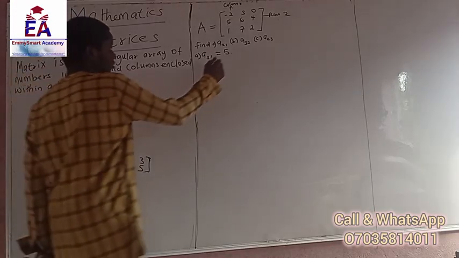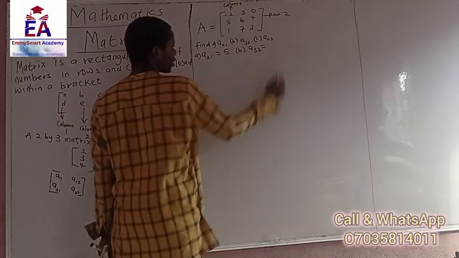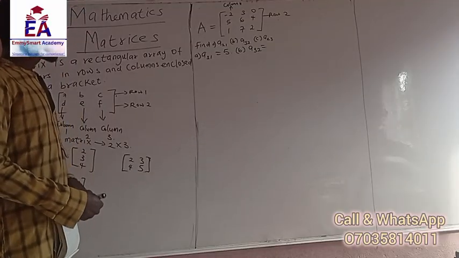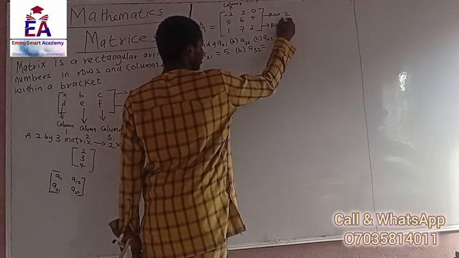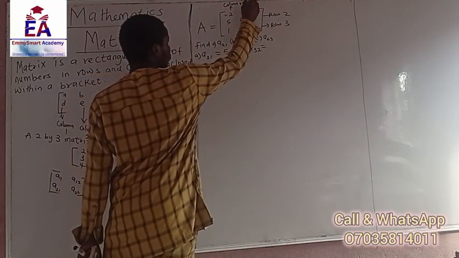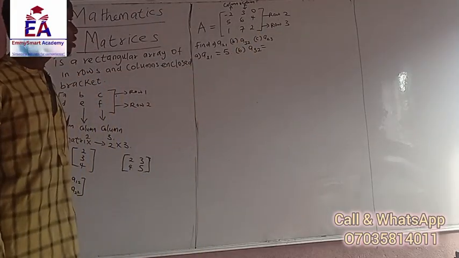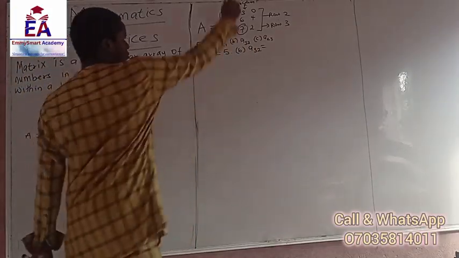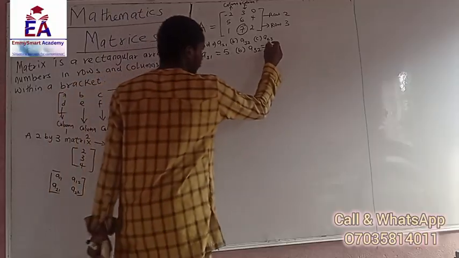So the next one is A32. What will A32 be? A32 means row 3, column 2. So which guy will that be? It will be this guy, right? So we have 7.